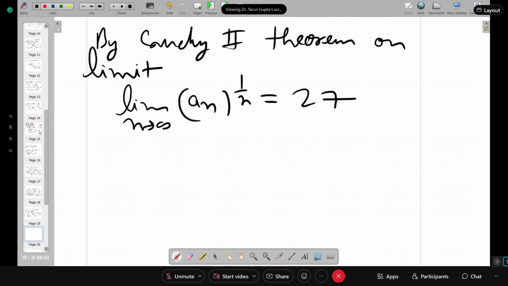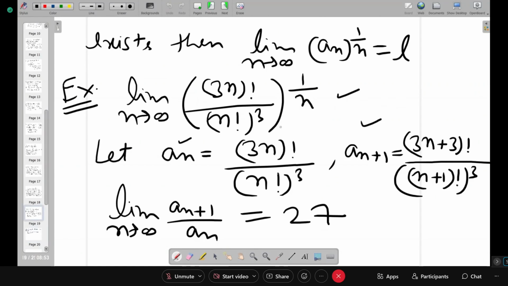What is an? An is this, which we let. We have to find out the limit of this to the power 1 by n, so we can find out the limit of an plus 1 upon an. Whatever that limit is, the limit will be equal to that.